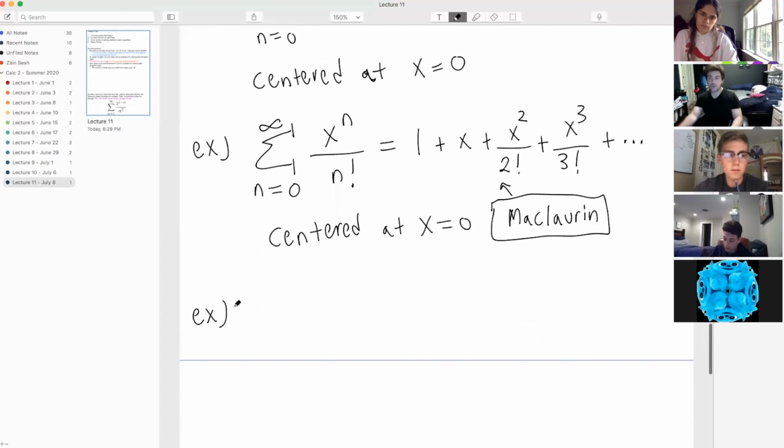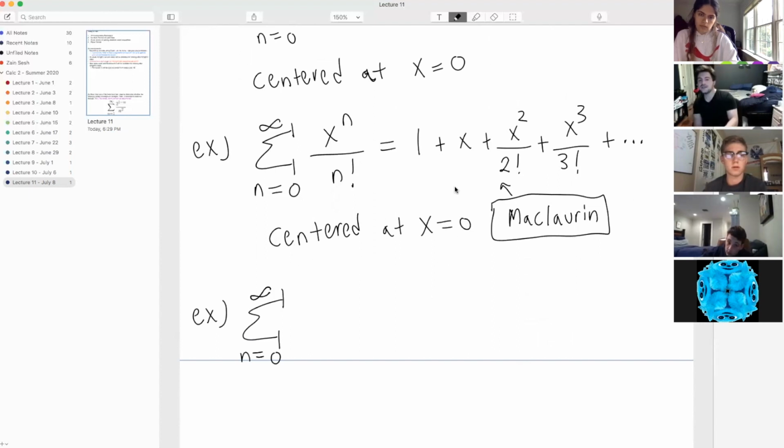Let's look at one last example that's not necessarily centered at x equals 0. Hold on, isn't the factorial of 0 either 0 or undefined? And if so, wouldn't that make the first term above undefined?